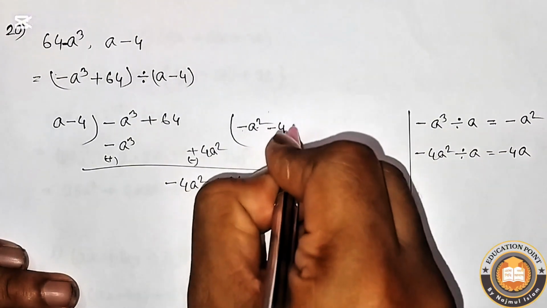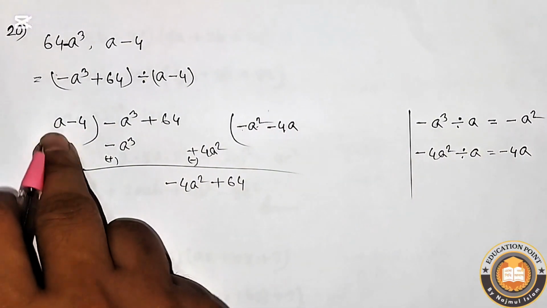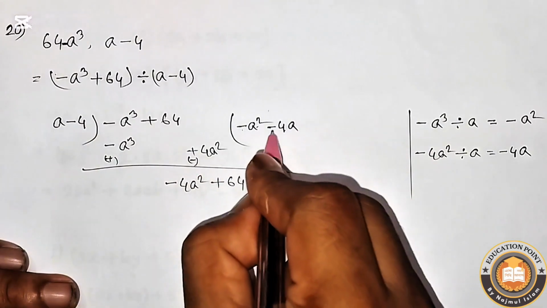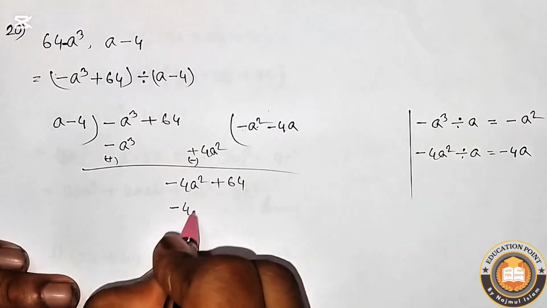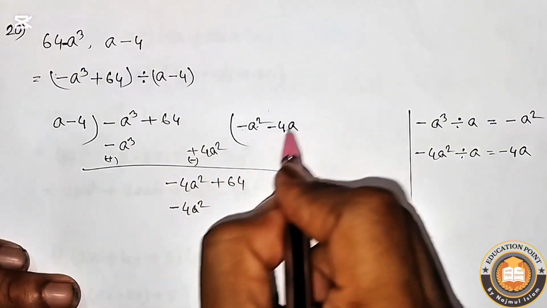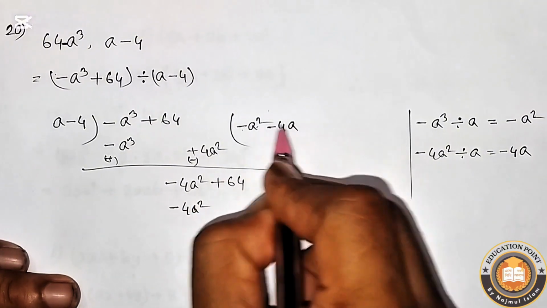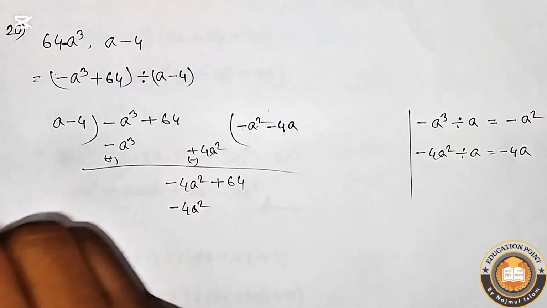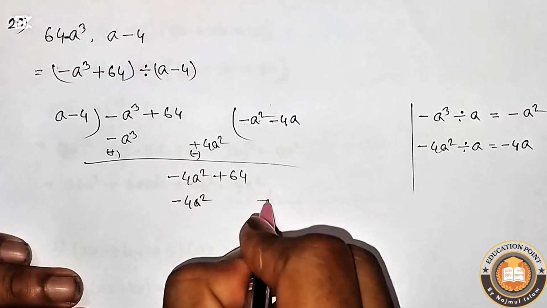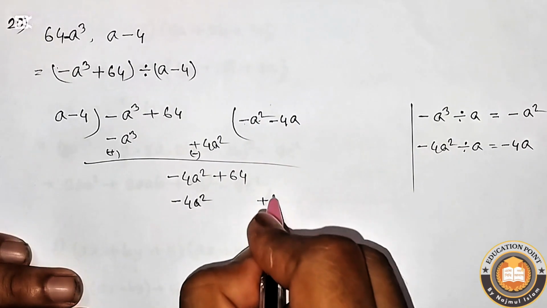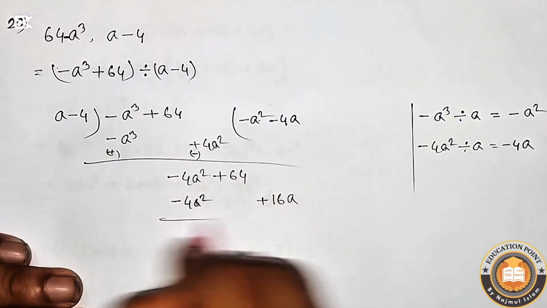Now minus 4a multiplied with a minus 4. At first minus 4a multiplied with a, that means minus 4a square. Then minus 4a multiplied with minus 4 equals minus, that means plus 4 times 4 is 16a.